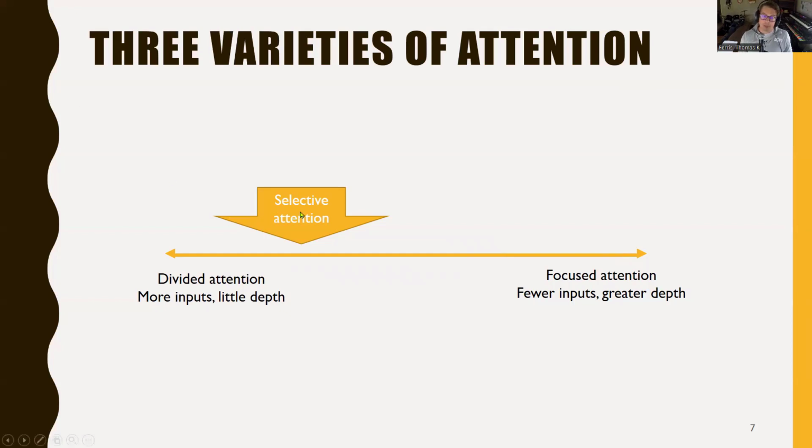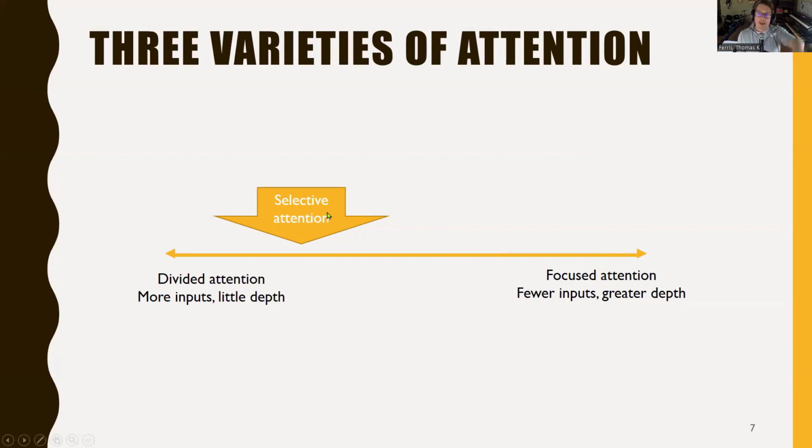But our ability to select from all of the world this subset, and I intend it, I'm trying to focus on this exam, but also things like loud noises outside are bumping into my attention as well. Each of those are the role of selective attention.